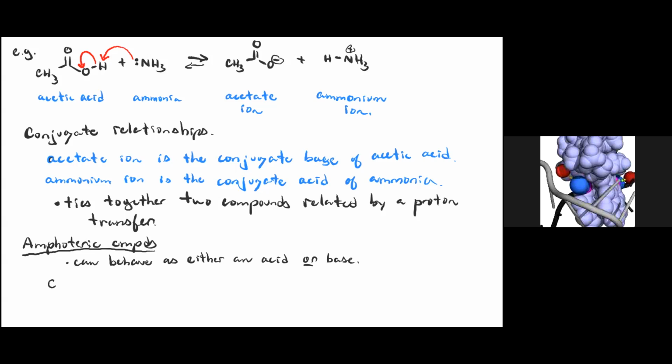If we consider methanol, CH3OH, I can react that with a strong base such as amide anion, and that will deprotonate the methanol. So transfer a proton, push electrons in the OH bond down to oxygen. And what I end up with is the conjugate base of methanol, which we call methoxide, and the conjugate acid of the amide anion, which is ammonia.